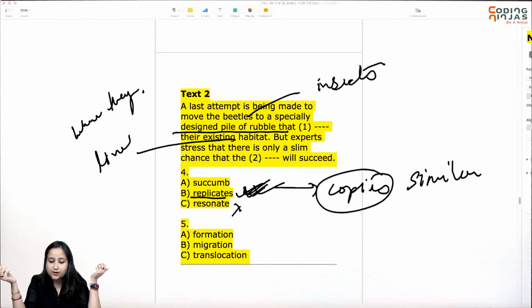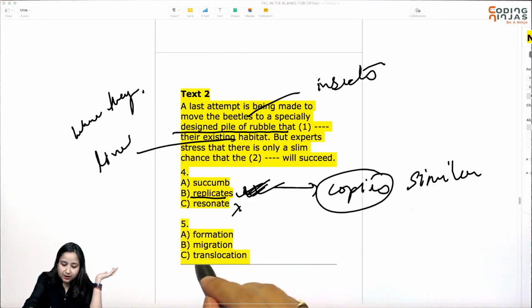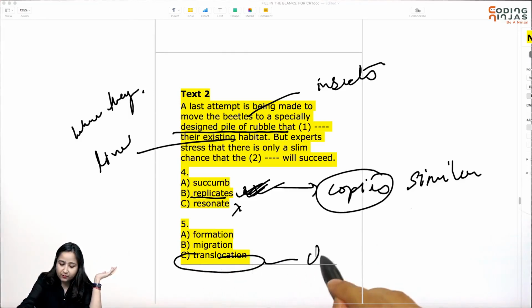But experts stress that there is only a small chance. Slim chance means a small chance that they will succeed. What will succeed? The change will succeed. The changing of the location. So the translocation, changing of location.